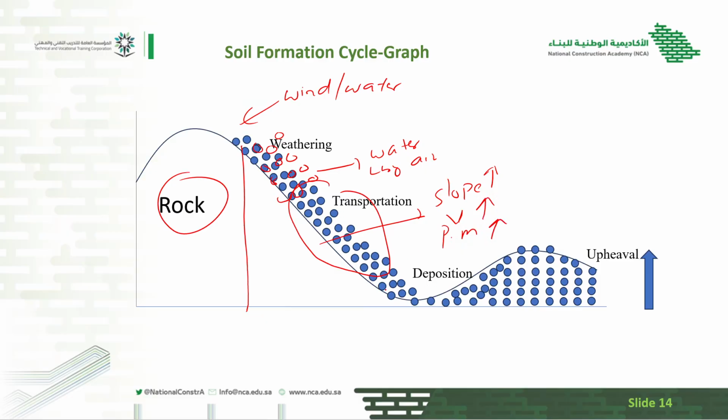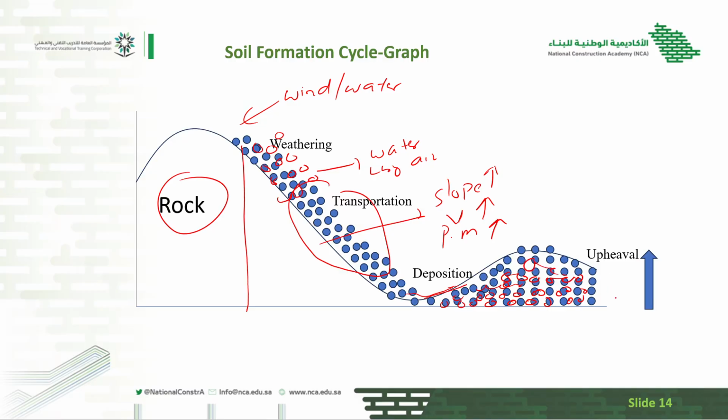Now you can see at this position the slope is decreased. So what happens? These particles are deposited layer by layer in this position. The velocity is low here, which means the particle movement is less, so all the particles collect here.